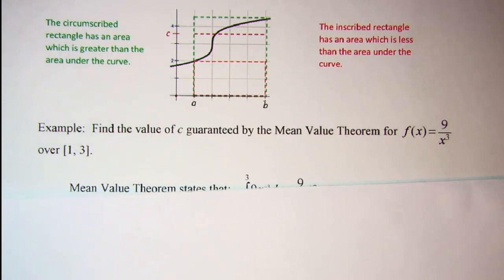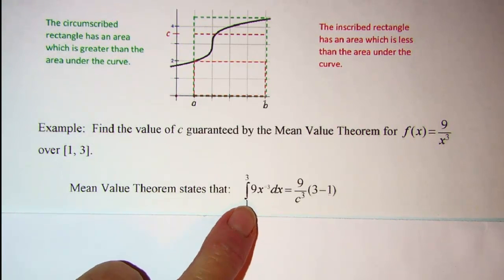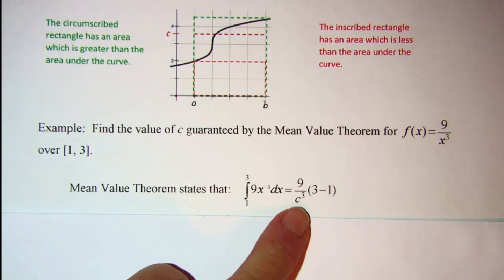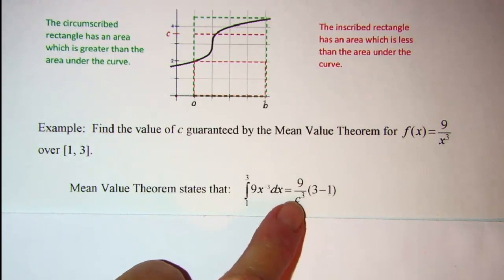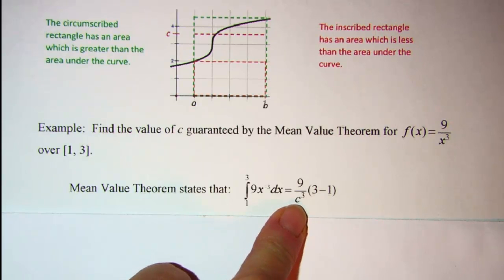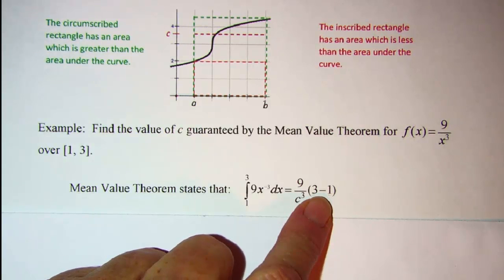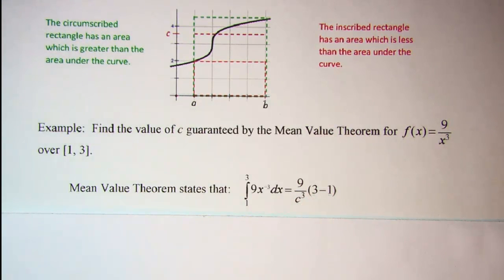So our mean value theorem states that the definite integral from 1 to 3 of 9 over x cubed, which I've written with the negative exponent so that I can integrate it easily, is equal to f of c, which is this factor, times the distance 3 minus 1. So that's the statement of the mean value theorem.